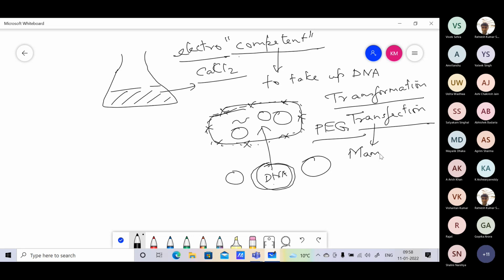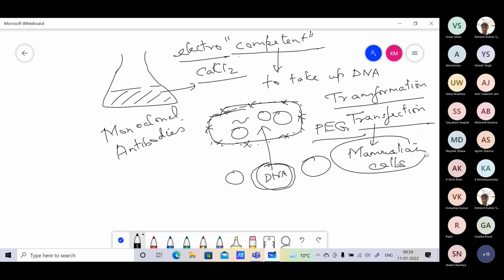Because mammalian cells now have become very important production platforms for complex proteins, especially monoclonal antibodies, and so many things, and all kinds of cancer treatment, monoclonal antibody production, etc. These cannot be produced by E. coli. They are produced almost invariably by mammalian cells because they need to have the fine structure. Let me not get into complicated stuff again.